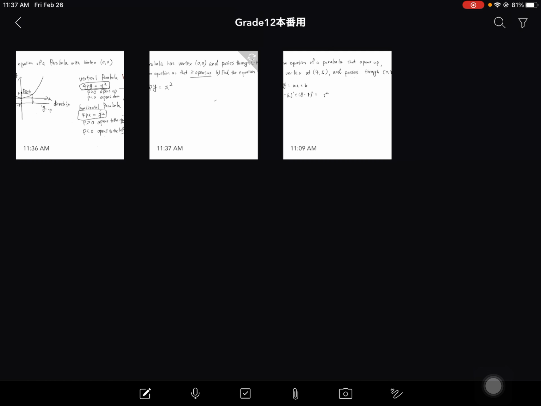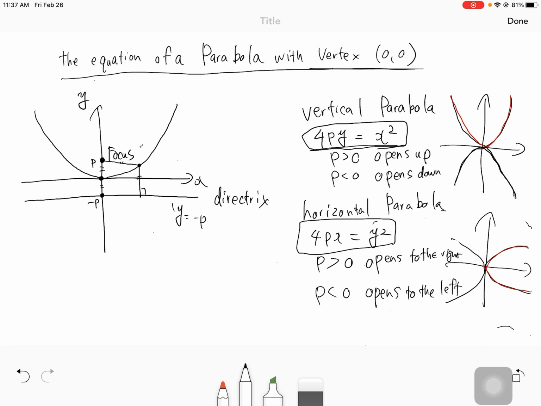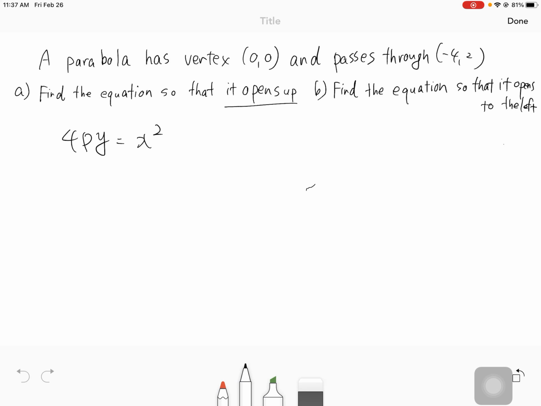Also, I forgot to say, this equation is for a parabola with vertex 0, 0. If vertex is different, the equation is going to be a bit different. I will explain about it in the next video. In this video, I just use the parabola with vertex 0, 0. And this question also says vertex is 0, 0. So you can use this equation.